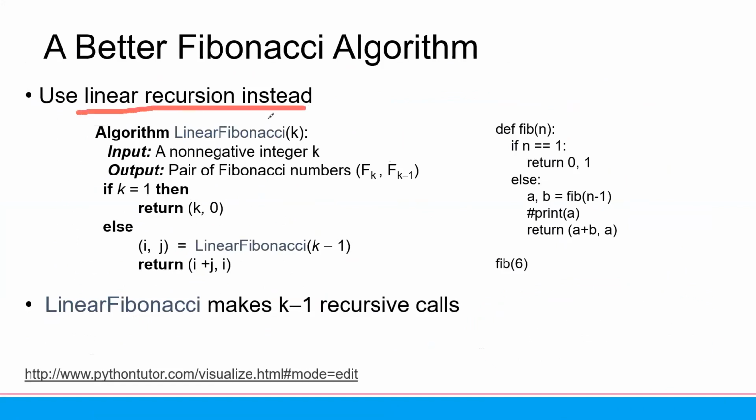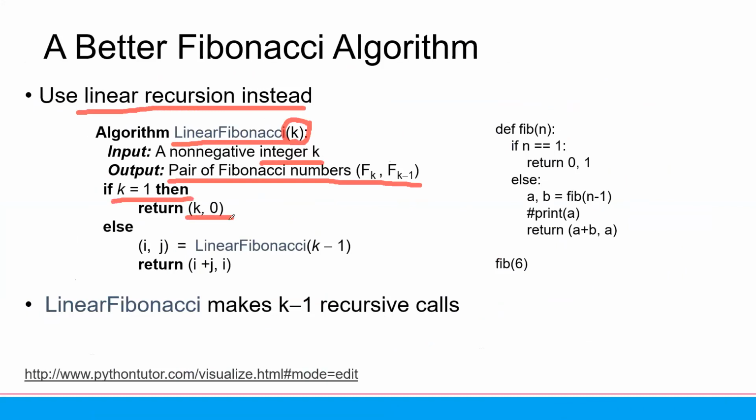So using the linear recursion, we have linear Fibonacci, and then we have k. This is also the same, the non-negative integer k. So we can look at the result. It is a pair of Fibonacci numbers. If k is 1, then return k, 0.